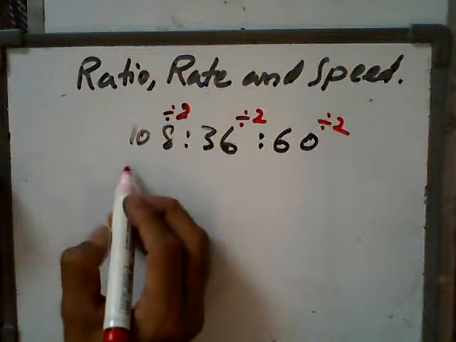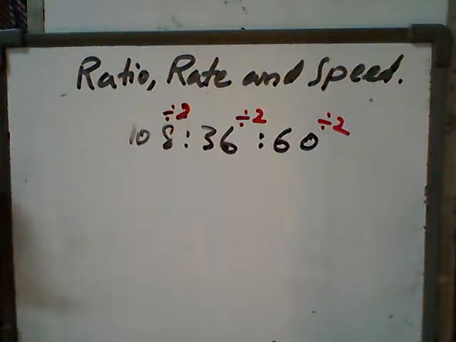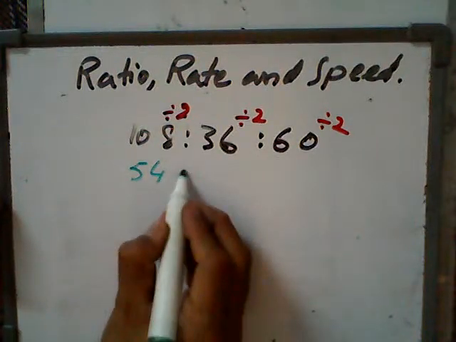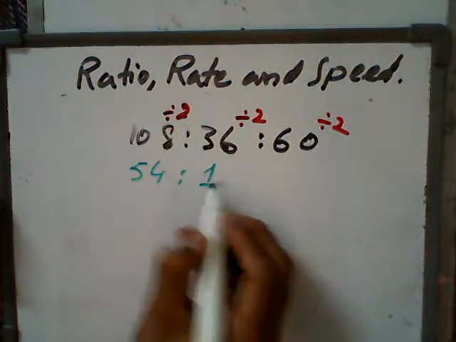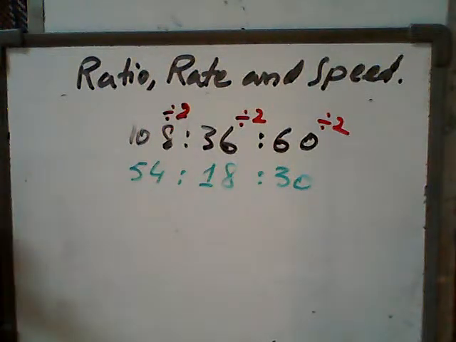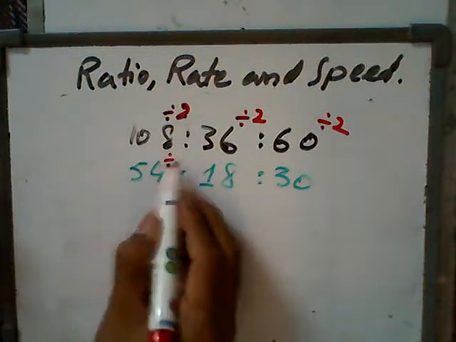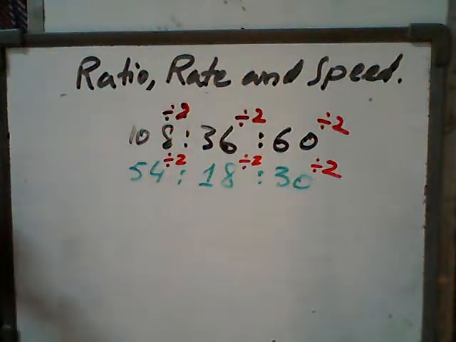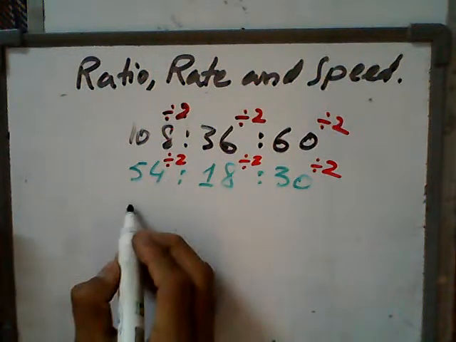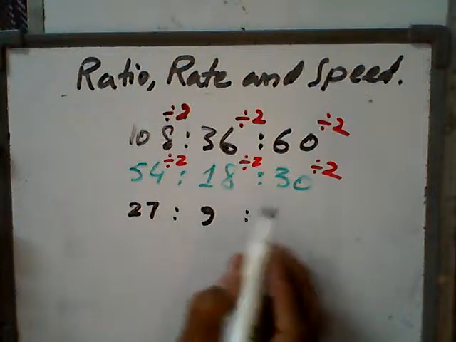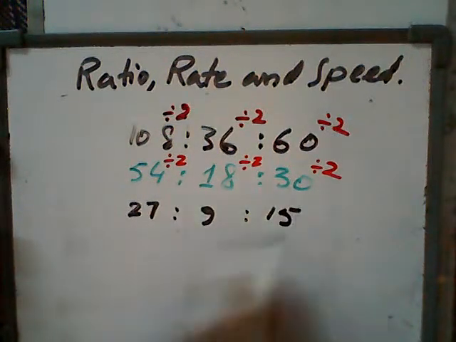So in this case, this now becomes 54 by dividing by 2, 18, and 30. Still, this could be simplified, divisible by 2, and divisible by 2. So let's check what comes. It becomes 27, 9, and 15.